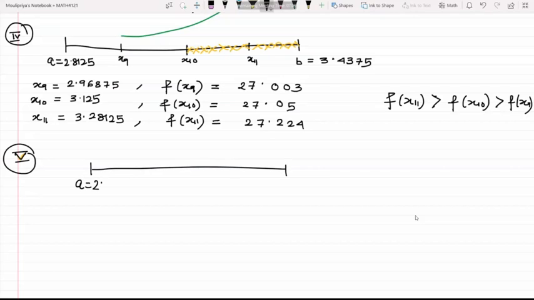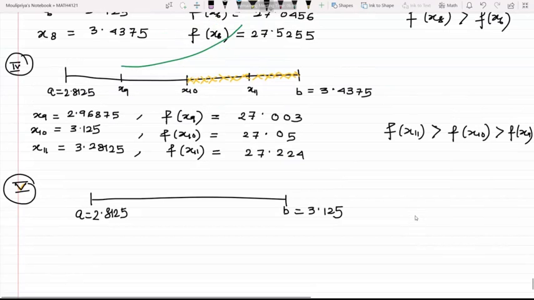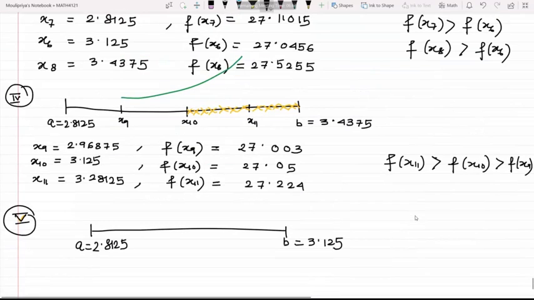What will a be? 2.8125. Your b is x10, that is 3.125, right? And this is L2, this is L3, this is L4, right?